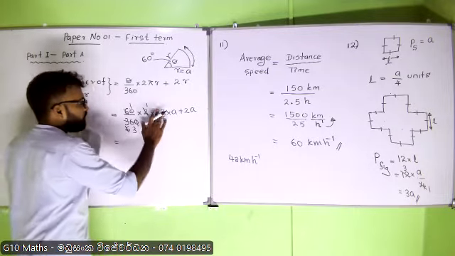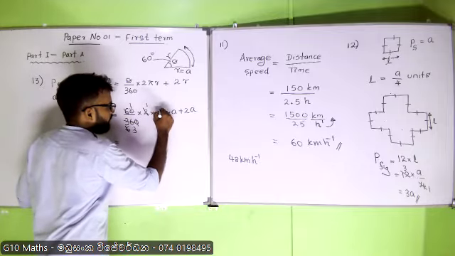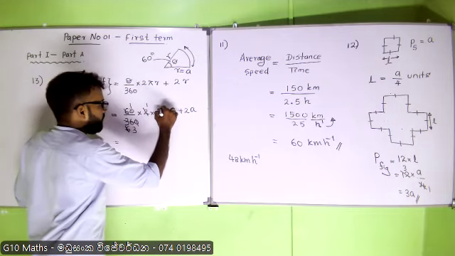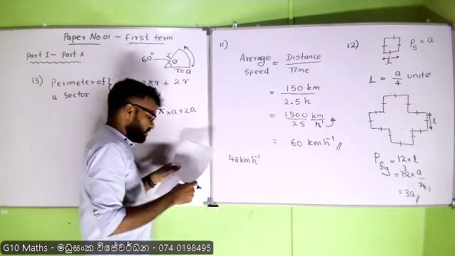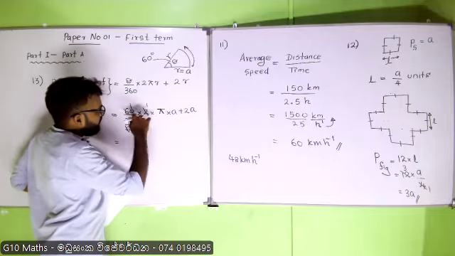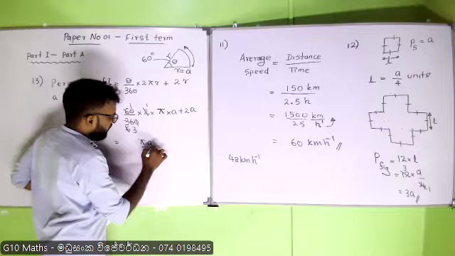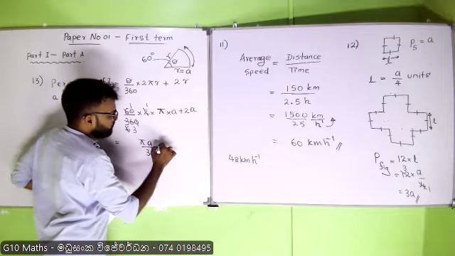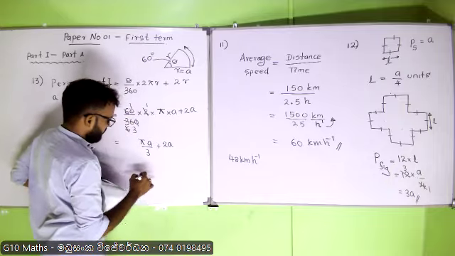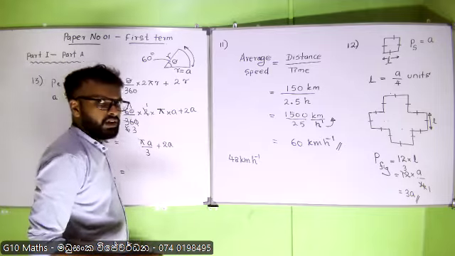No need to put 22 upon 7; you can keep it as pi, because in the answer you have pi. So the final answer for this part is pi A divided by 3 plus 2A equals the perimeter.